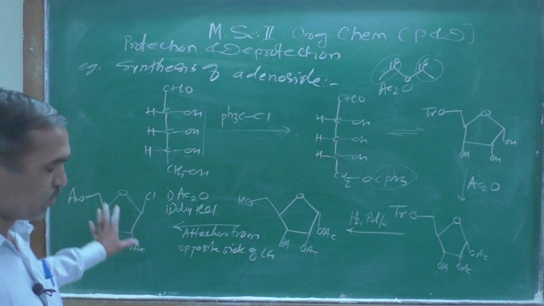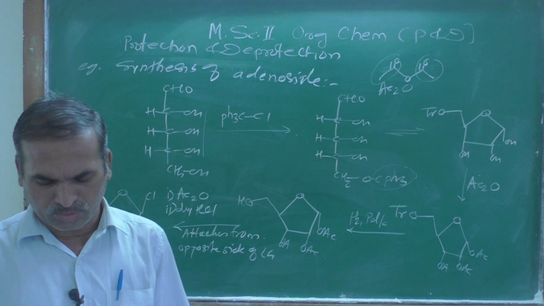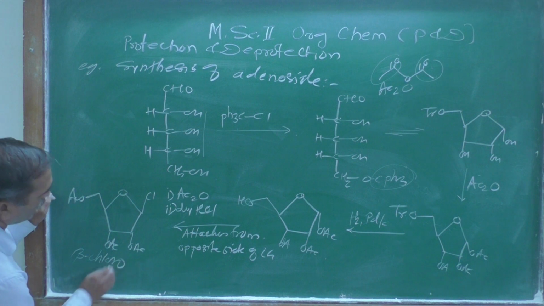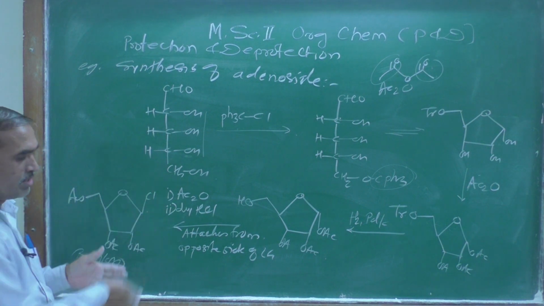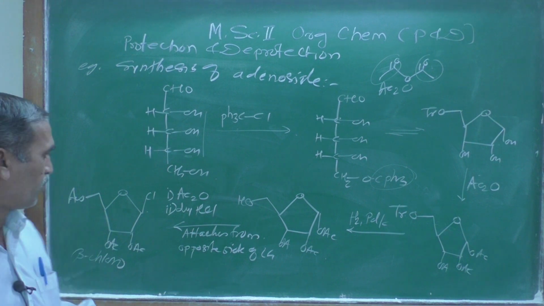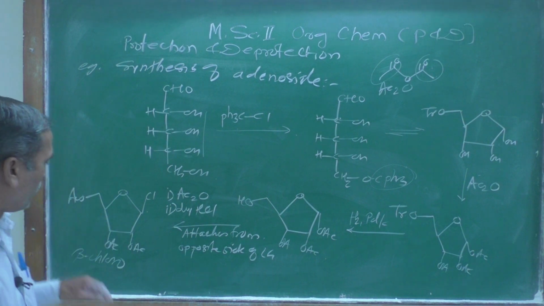This one is known as the beta chloro. Beta means that Cl is above the plane, and that's why it is called beta chloro. If it is below, that is called the alpha position.